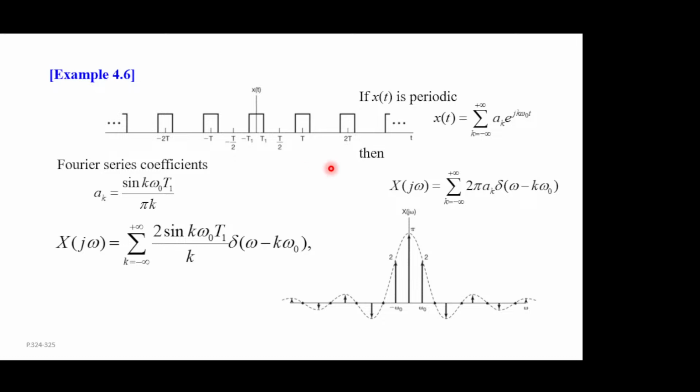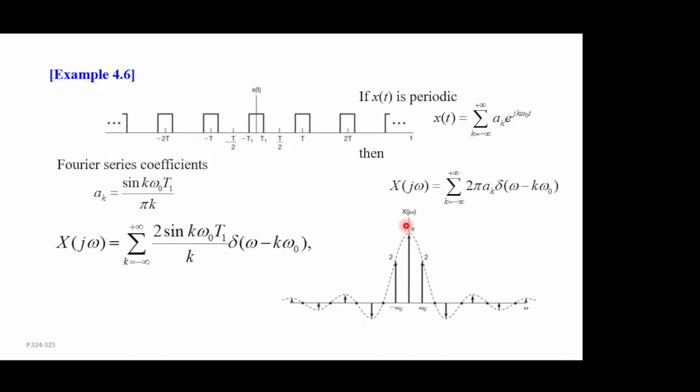So it's a whole bunch of delta functions at k omega naught, and also we know this a_k looks like a sinc function, so like this. This is the first time we see this kind of sampling property.